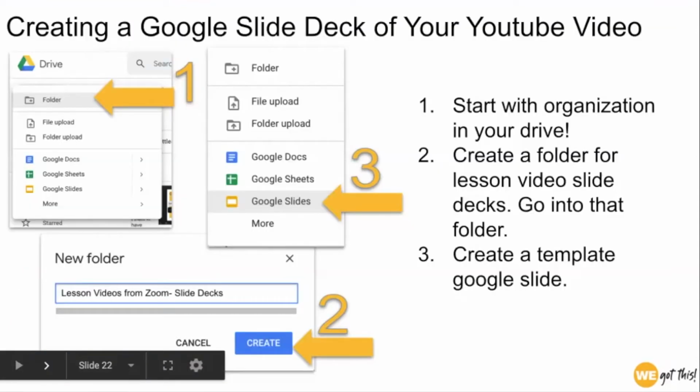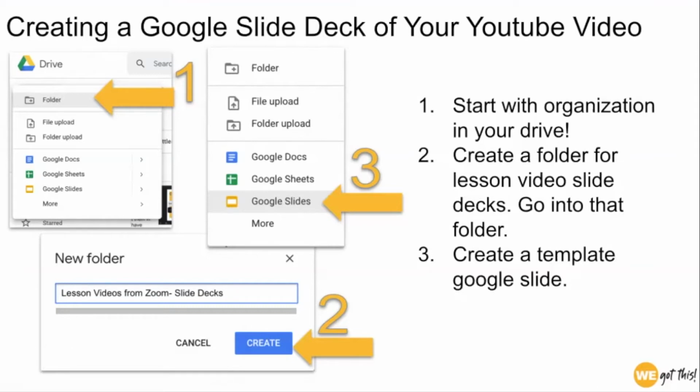So in this instance, what you would do is create a slide deck with just one slide, and then you'd put your video on it. Now, if you created a couple of different videos, one for reading, one for math, one for science, or whatever, you could potentially give them a 3-slide deck. That's up to you.